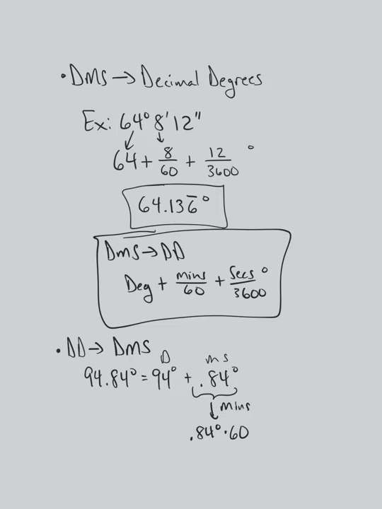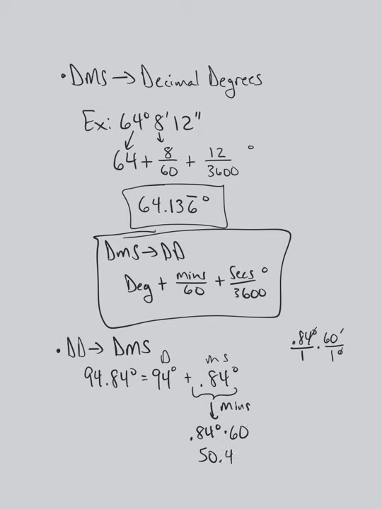You could also do dimensional analysis: you have 0.84 degrees, so to get the degrees to go away, I need them in the denominator and minutes in the numerator, and 1 degree is equal to 60 minutes. The degrees cancel, and you do 0.84 times 60, and we get 50.4.